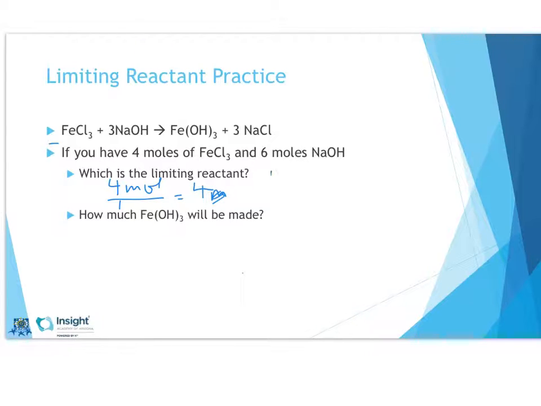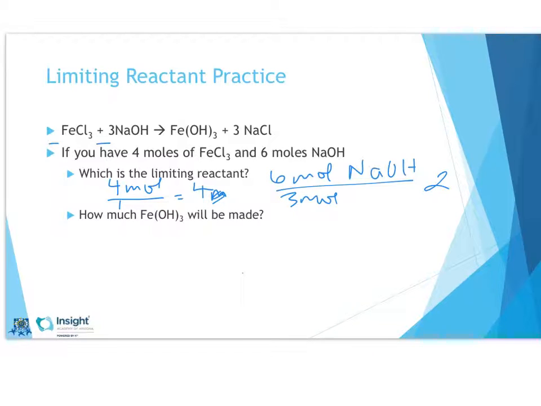All right, and then I have 6 moles NaOH, and I'm going to divide by the 3 moles in the reaction, which means I have 2 reactions to work with. Okay, so I have enough sodium hydroxide to run 2 complete reactions. When I say 2 complete reactions, it's really tons and tons of reactions because it's 2 moles worth of reactions.